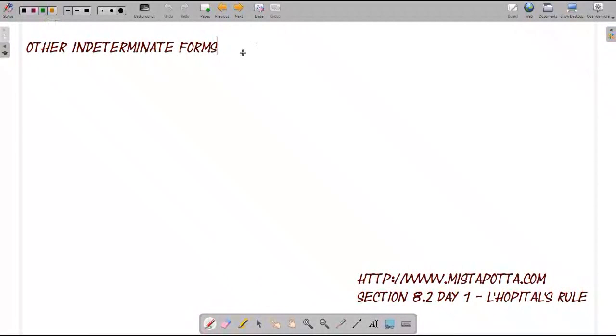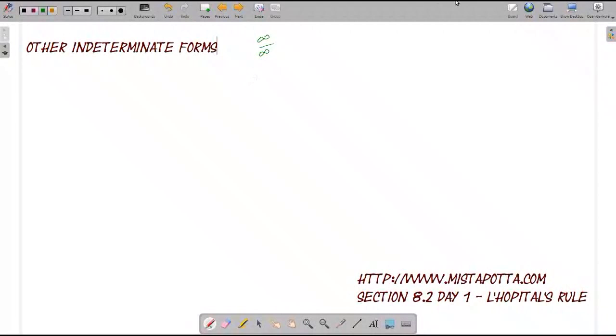Some other indeterminate forms are when my limit tends to be infinity over infinity. Anytime that I end up with an infinite function over an infinite function. And I'll see this a lot when I'm dealing with limits as x approaches infinity or negative infinity.